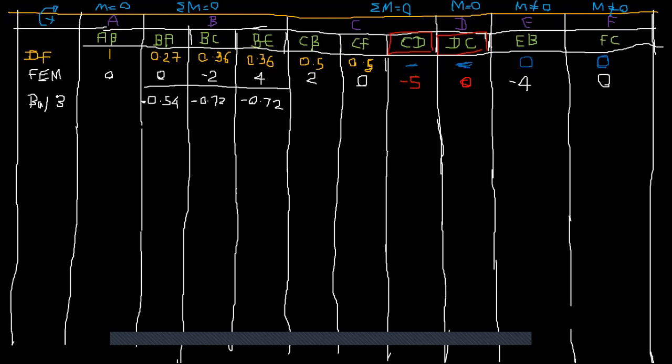I've balanced B, right? So now I need to carry over. Carry over is always done within the same beam, that means to the neighbor. BA's neighbor is AB. That's continuous to discontinuous, right?